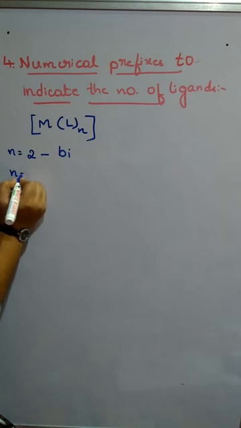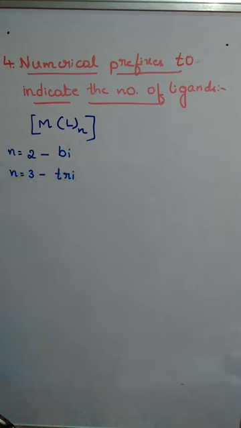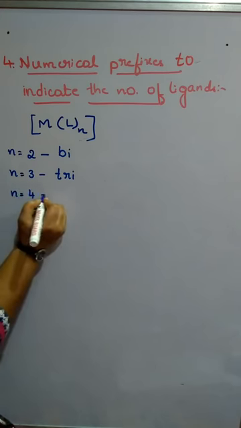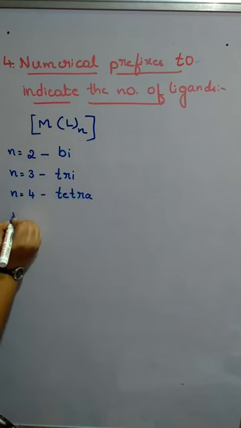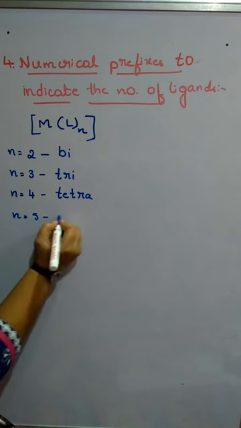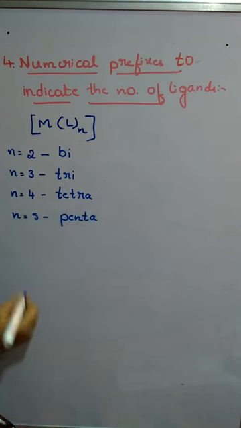If n is equal to 3, we use the prefix tri. If n is equal to 4, tetra. If n is equal to 5, penta.